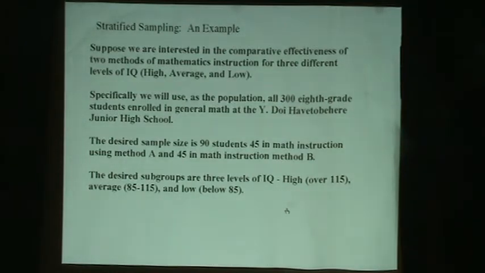The desired sample size is 90 students, 45 in math instruction using method A and 45 in math instruction method B. Remember, we have two kinds of math instruction, so we'll call them A and B. And we have three subgroups: high IQ, average IQ, and low IQ.